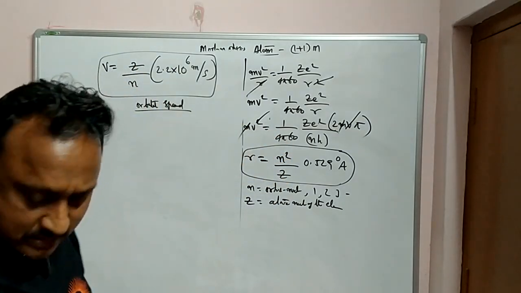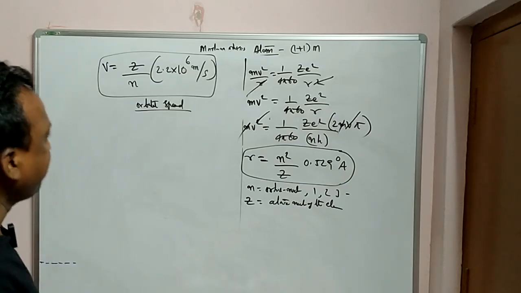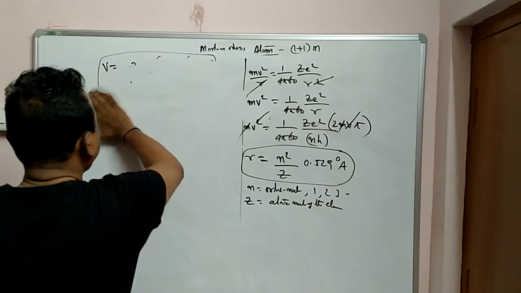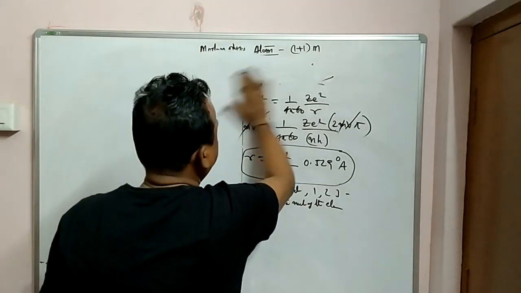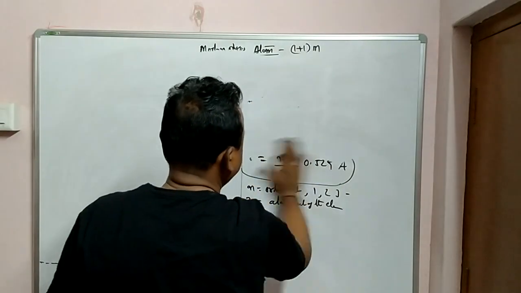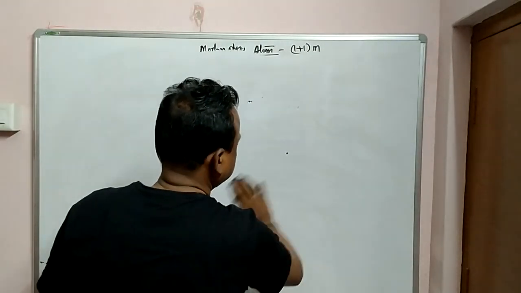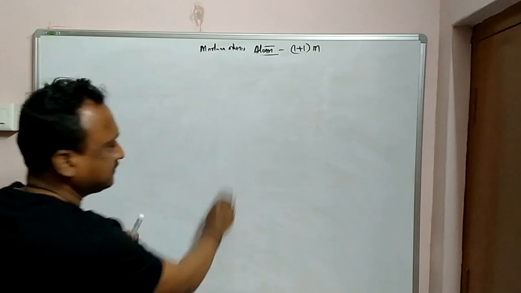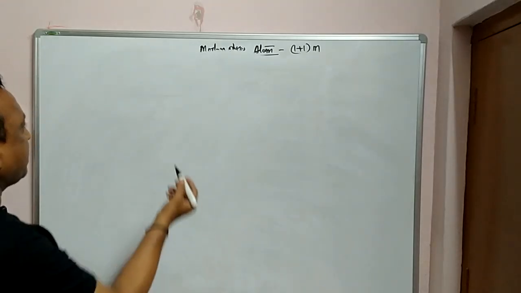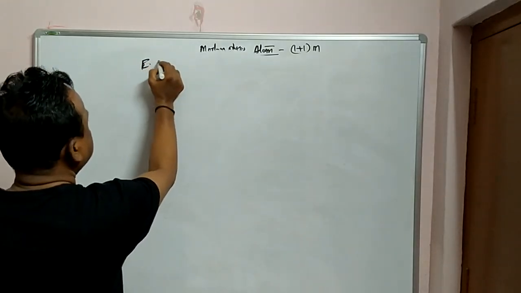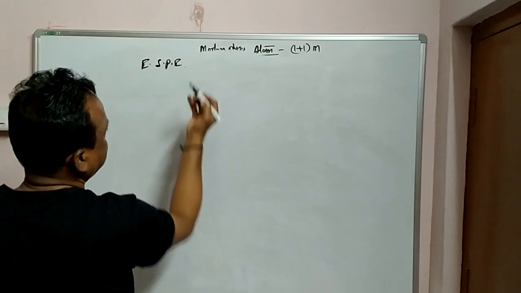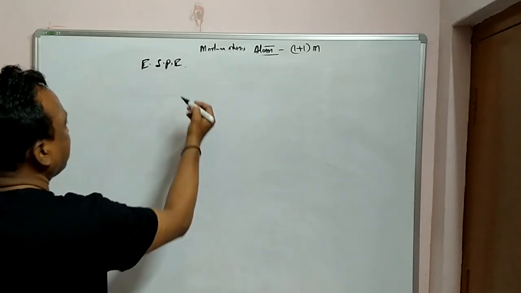Clear? Right. In the same way, in the examination, as I just now told you, the electrostatic potential energy equation and also kinetic energy. I have given the equation for you.